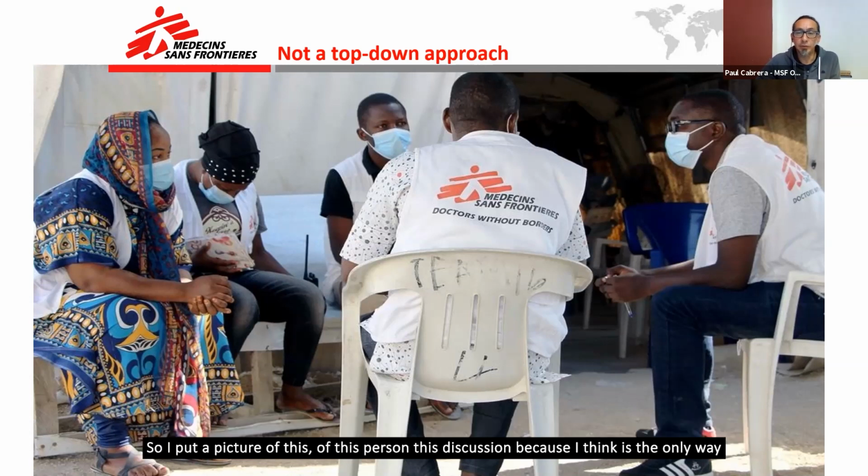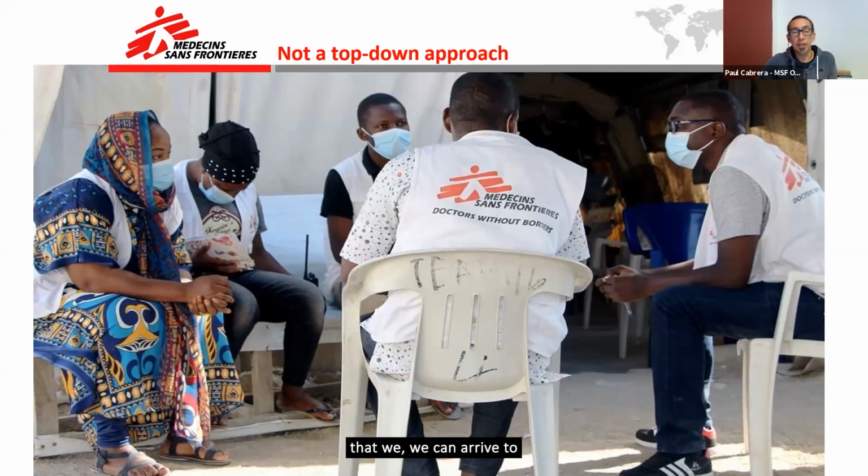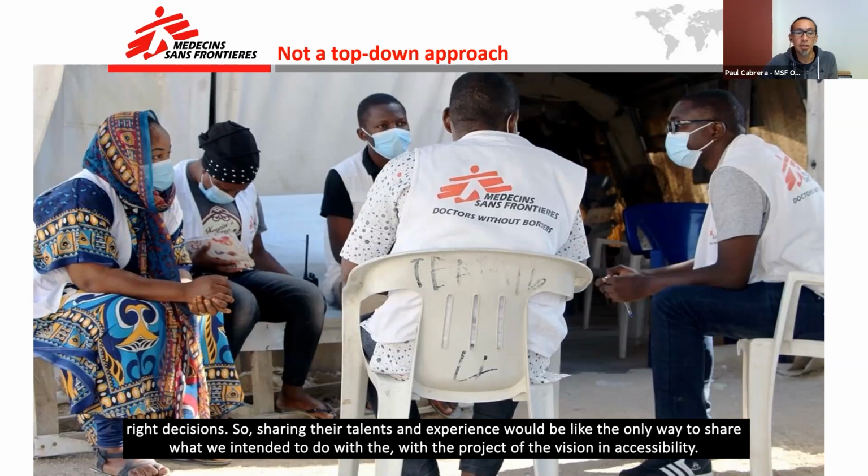So I put the picture of this person discussing, because I think it's the only way that we can arrive at the right decisions. Sharing the challenge and experience will be the only way to shape what we intend to do with the project of inclusion and accessibility.